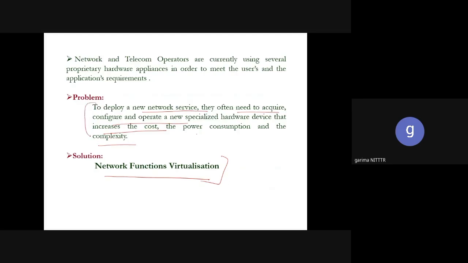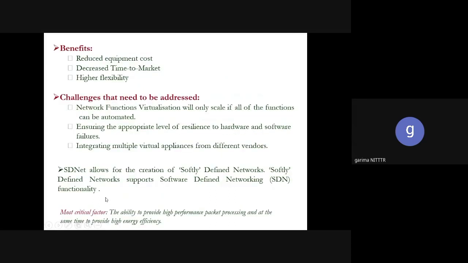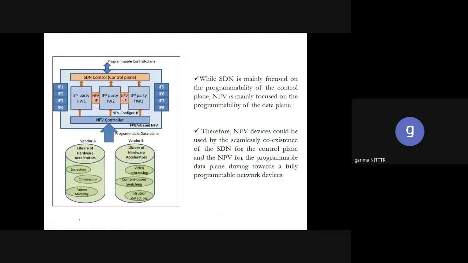So the solution to this particular problem is network function virtualization. Now, how does it work? I'll show you in this diagram. Network function virtualization has some software defined network control, which is part of the control plane.